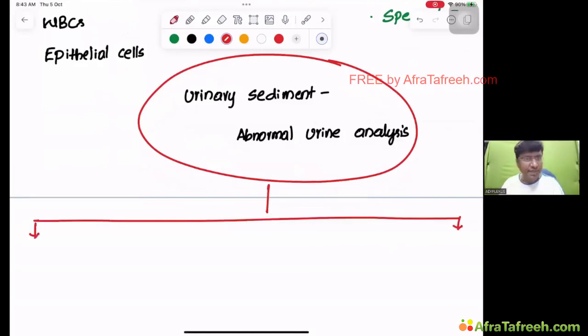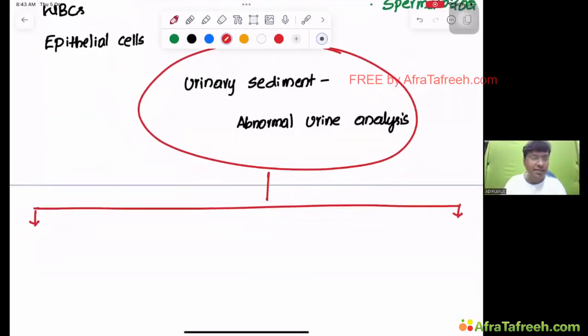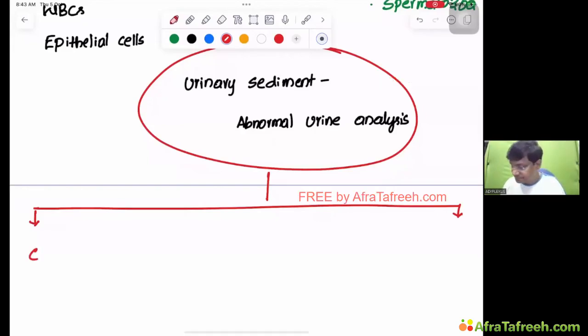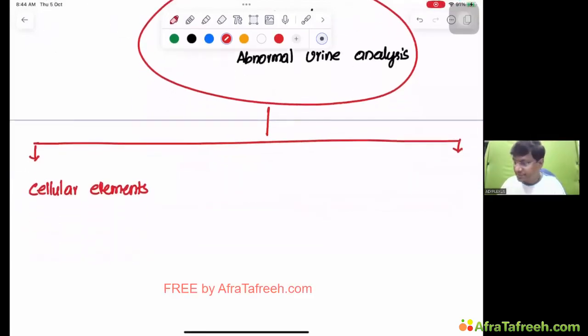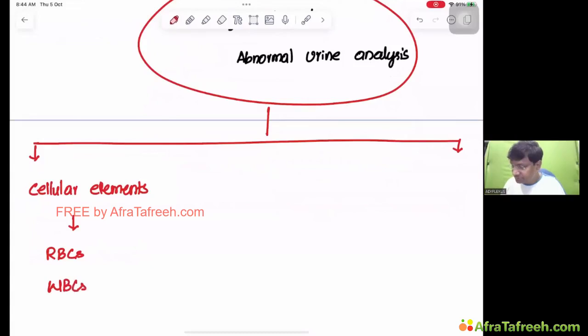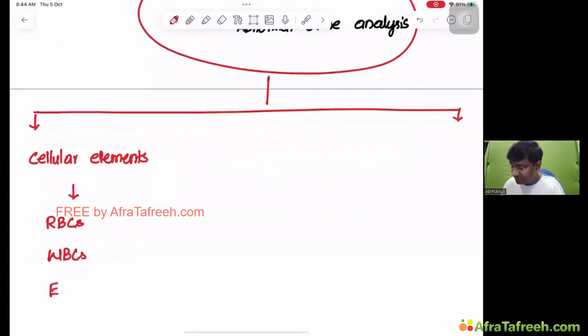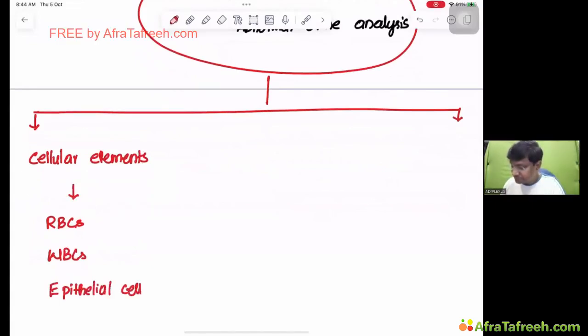As usual, you will have the cellular elements, but these cellular elements will be present in greater quantity or to a greater extent. What are the examples of the cellular elements? They include RBCs, but the number of RBCs will be more than 3. WBCs, or even the presence of epithelial cells, right, which is nothing but the malignant cells.